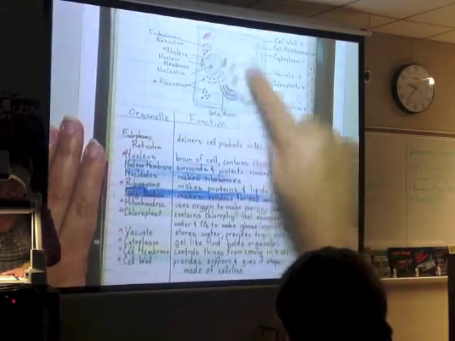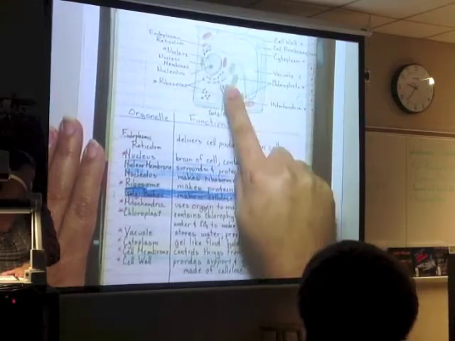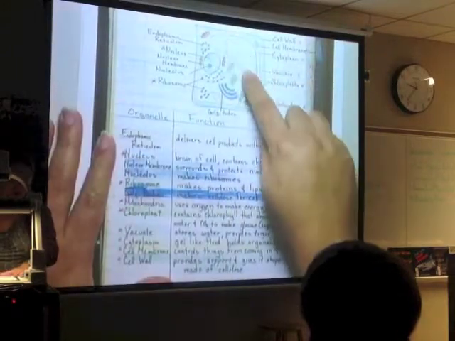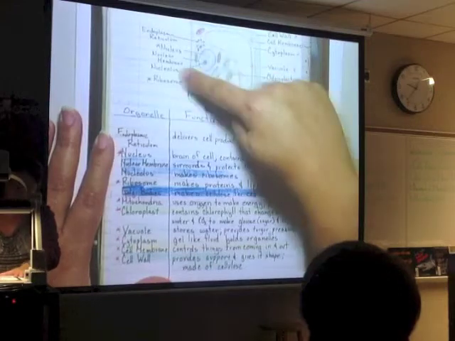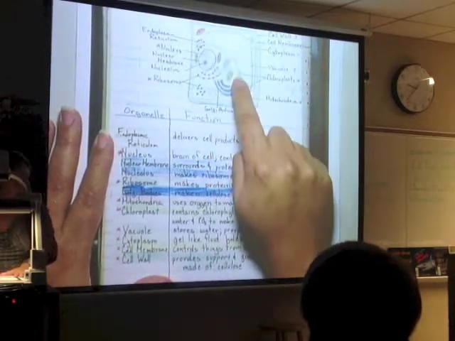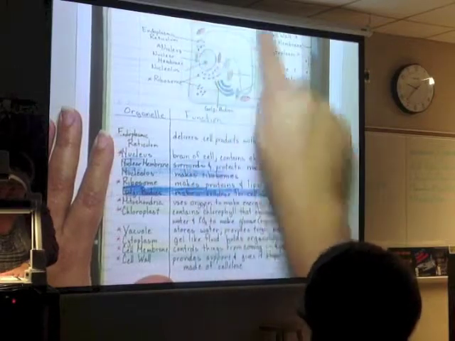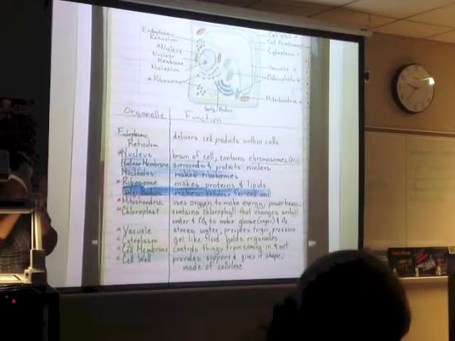And truthfully, it tends to be bigger than that. I just didn't draw it so big just because I needed you to see all this stuff. But this stuff usually is really packed in because this bag is really big. And what it's doing, it's pressing on the outside and providing pressure, keeping this wall and this cell very sturdy.